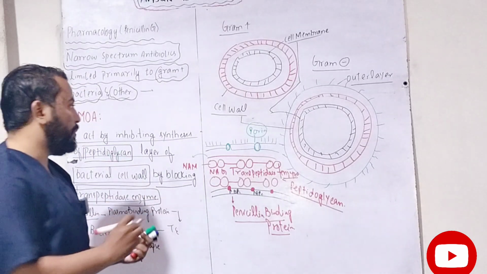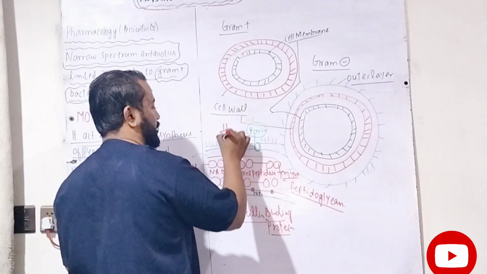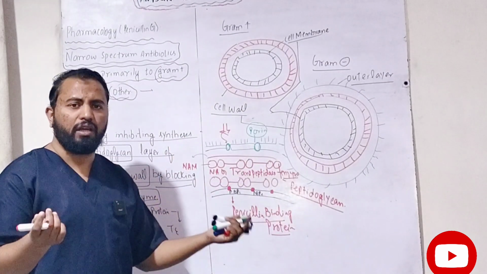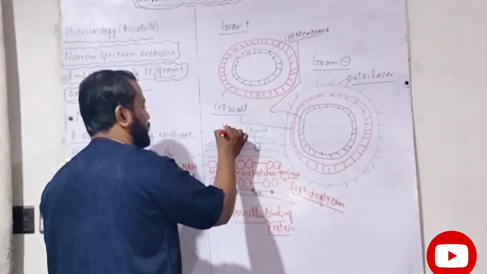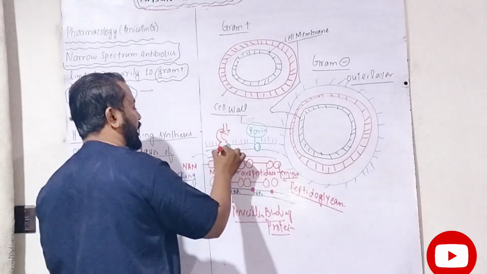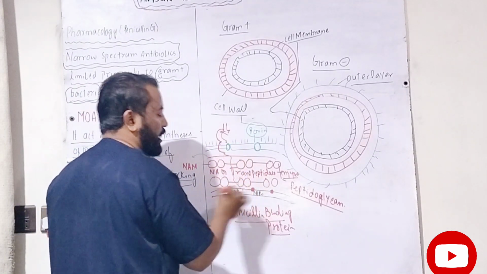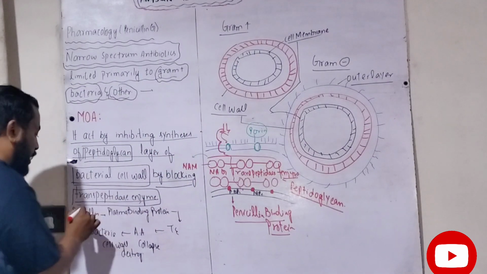And what is the actual mechanism? First of all, penicillin comes over here and reacts. In gram positive there is no outer layer, so it can easily react. But in gram negative, it attaches to the additional outer layer, then moves toward the cell wall peptidoglycan, and passes inward to the cell membrane, the penicillin binding proteins. So listen, this is the mechanism.